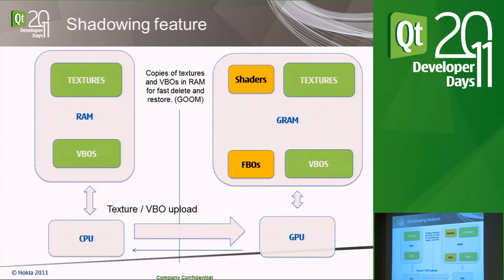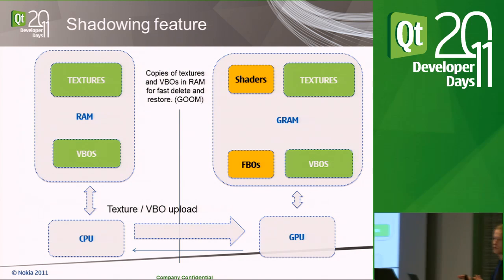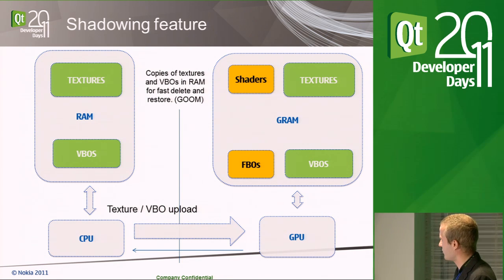We do this for the reason that in some cases the developers might not want to handle the releasing of graphics resources and then restoring those on their own. So you just add one line to the project file and it's all handled for you automatically. There's a performance cost, of course, because these need to be copied to the RAM and also a RAM increase, but it's really simple to use.